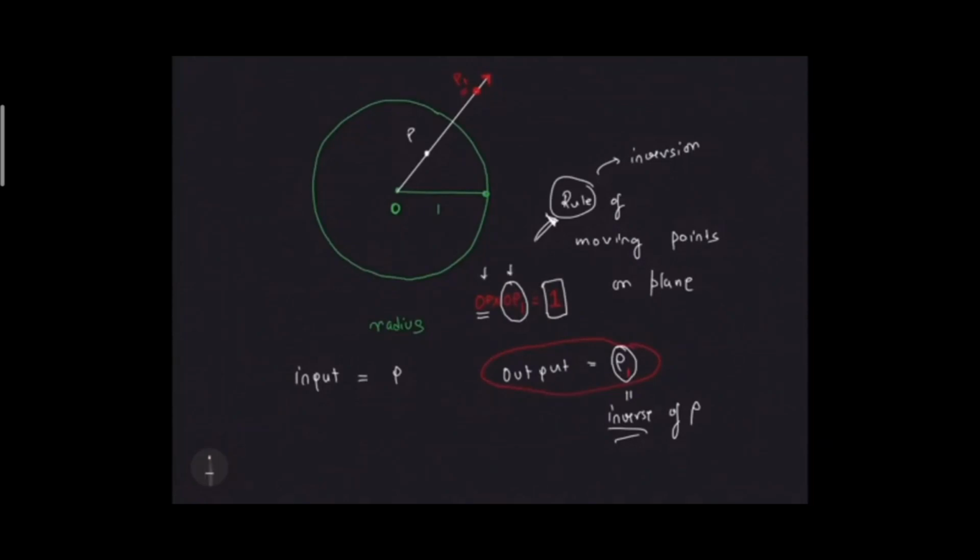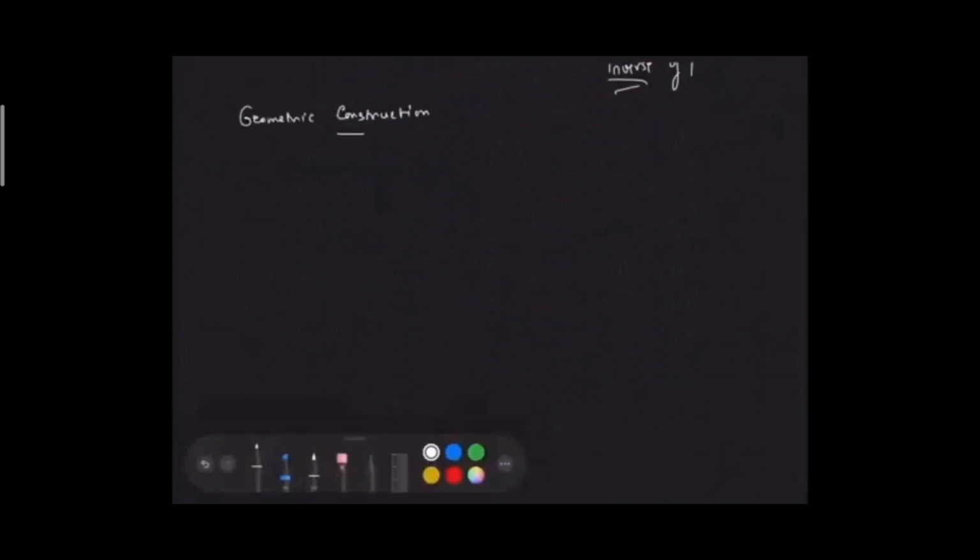If two numbers are multiplied to give 1, one of them is the inverse of the other. So this also gives you a geometric way of finding the reciprocal of numbers.